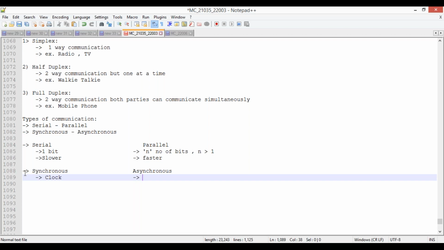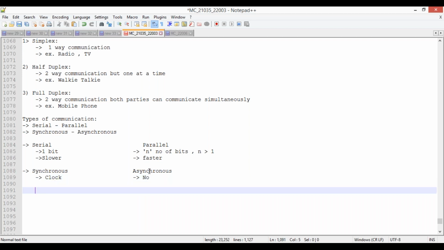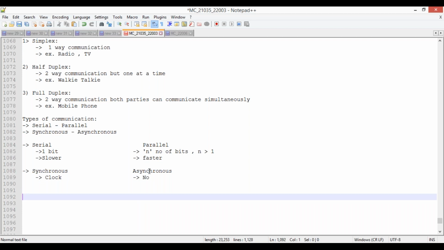Asynchronous communication will not have a clock line. Communication will happen with respect to some trigger. First it has to generate a trigger and get the attention of the receiver, and then communication will happen. So this is about synchronous and asynchronous communication, and serial and parallel communication.